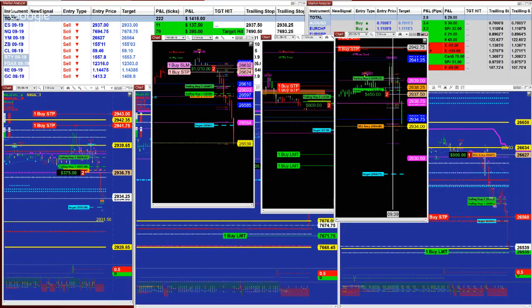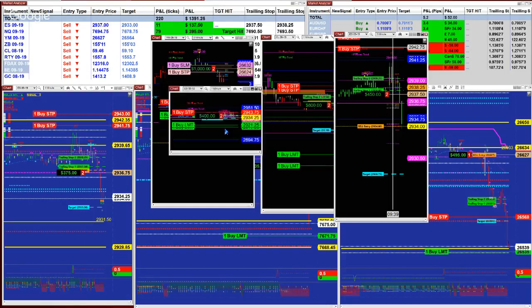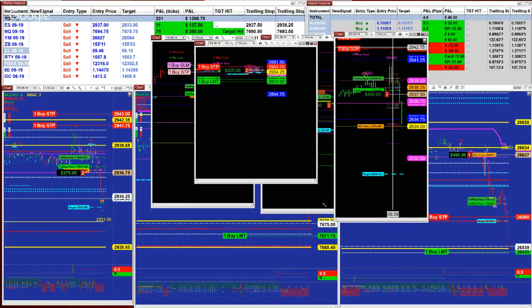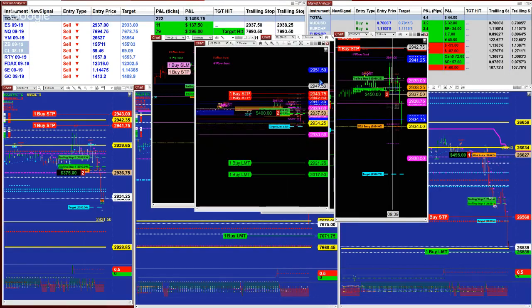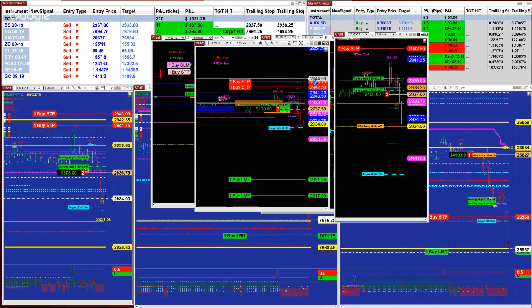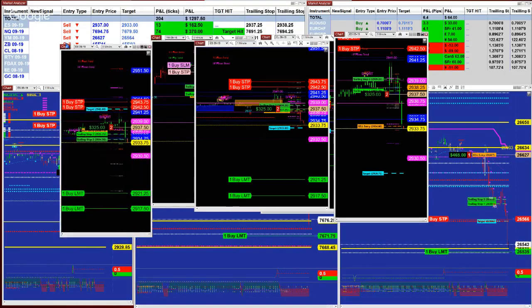On the ES, it's not just the 3 minutes. It's all of them, the same entry. Look at this, guys. It's all of them, despite your time frame. I'm testing it, and this is ES.